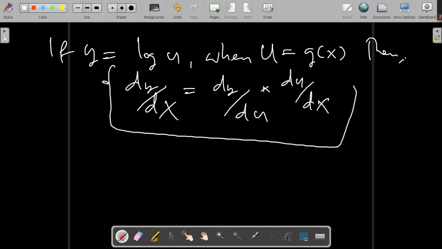This is the form we'll be using in solving the logarithmic function rule.